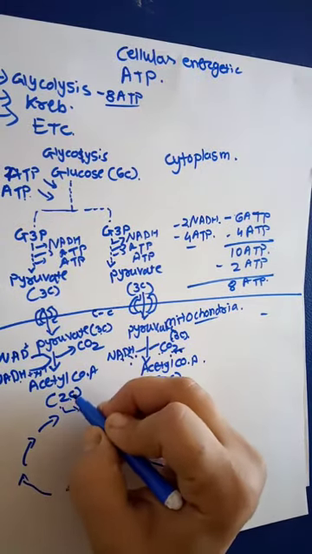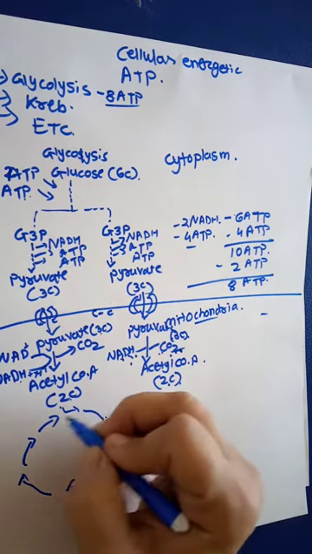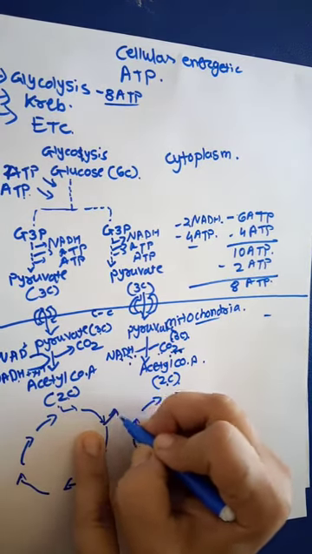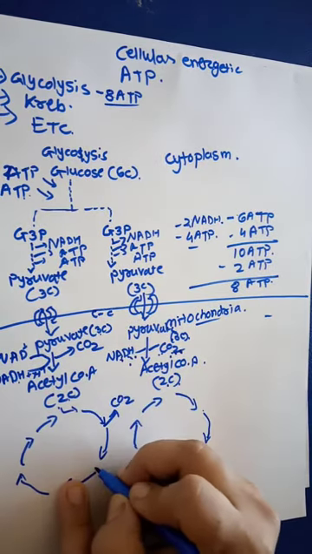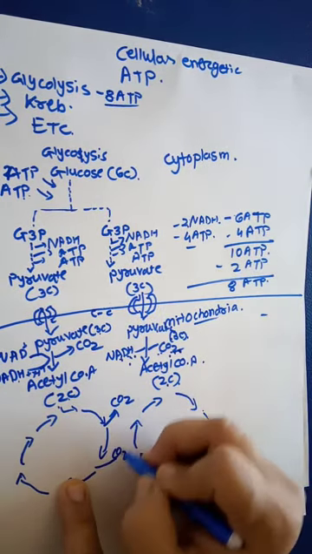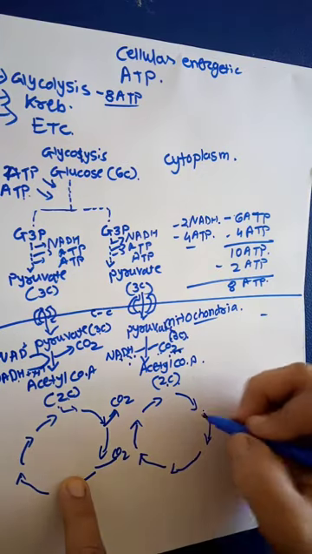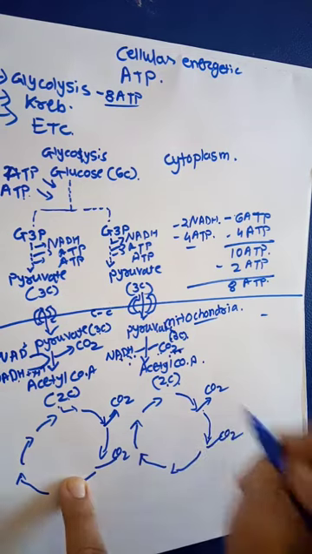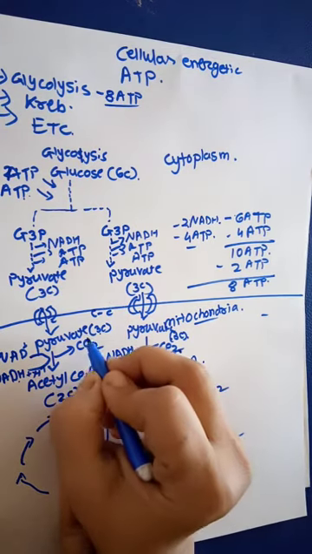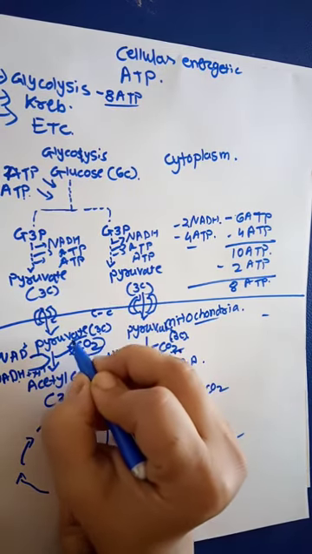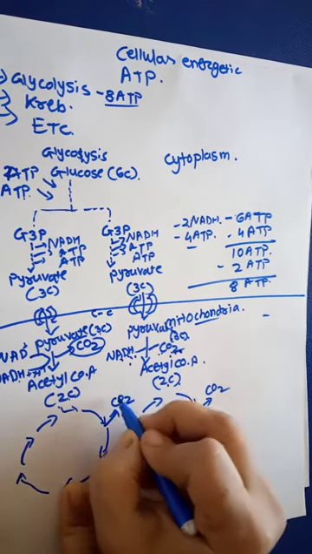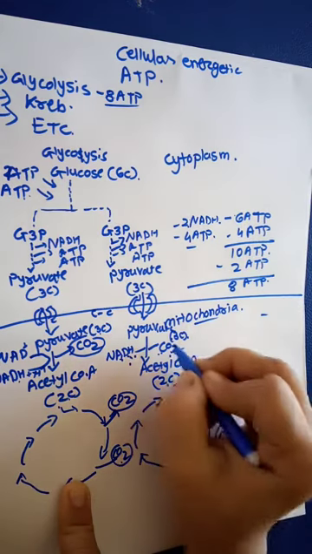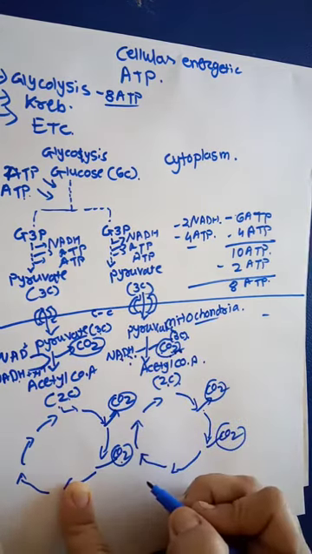After acetyl CoA enters the Krebs cycle, there is also production of CO2. 2 carbon dioxide will be blown out here, also 2 carbon dioxide. So now listen carefully. 1 CO2 during the conversion of pyruvate to acetyl CoA and 2 CO2 during the Krebs cycles. So total how many carbon dioxide?